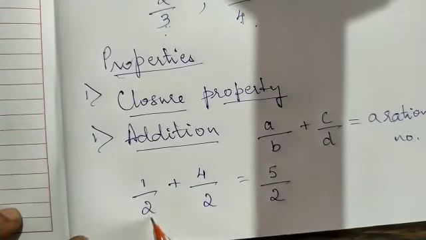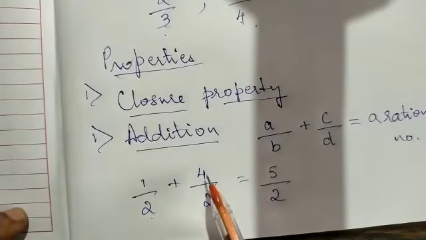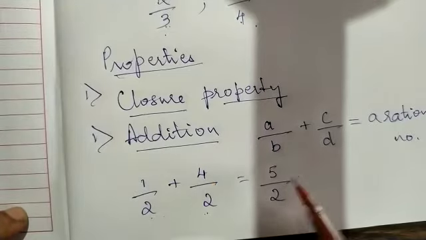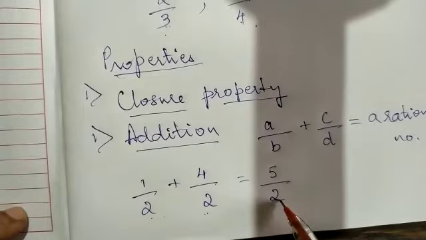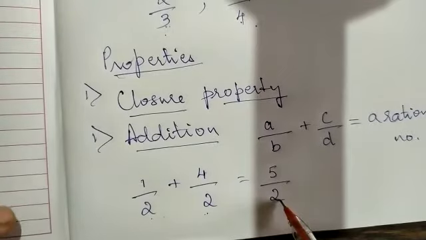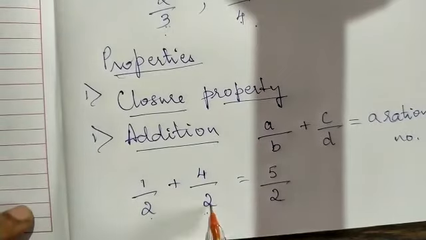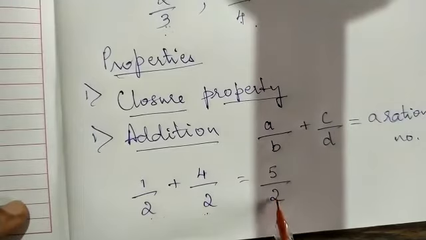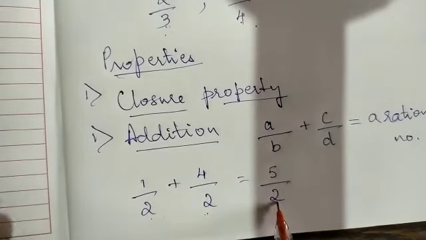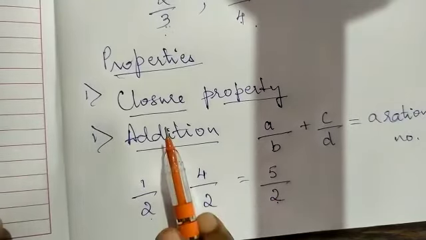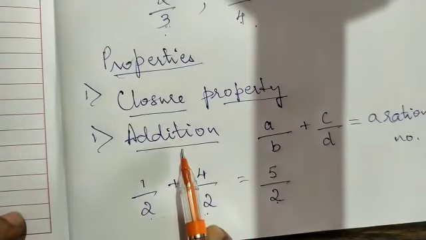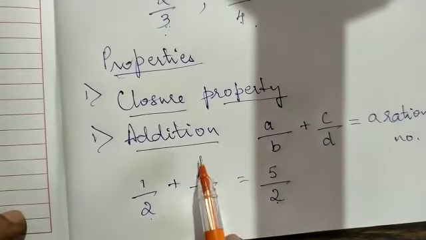So 1 by 2 is a rational number, 4 by 2 is also a rational number, and when we add, we get 5 by 2, which is also a rational number. So the closure property is true for addition.